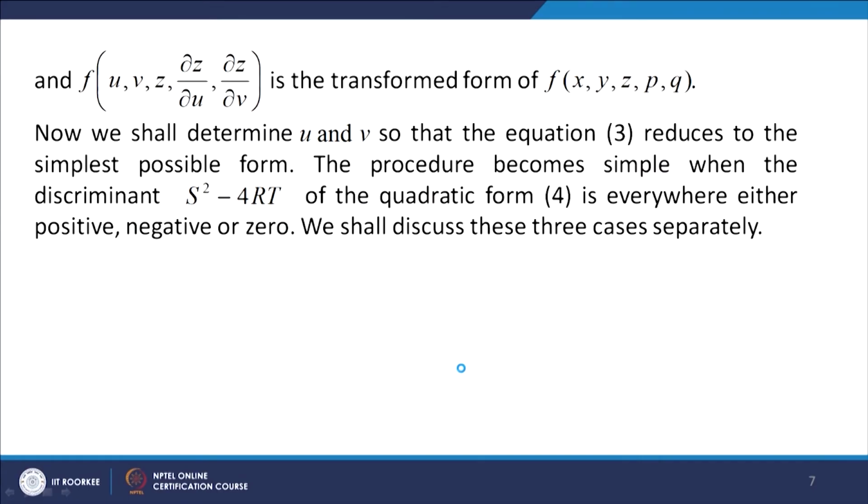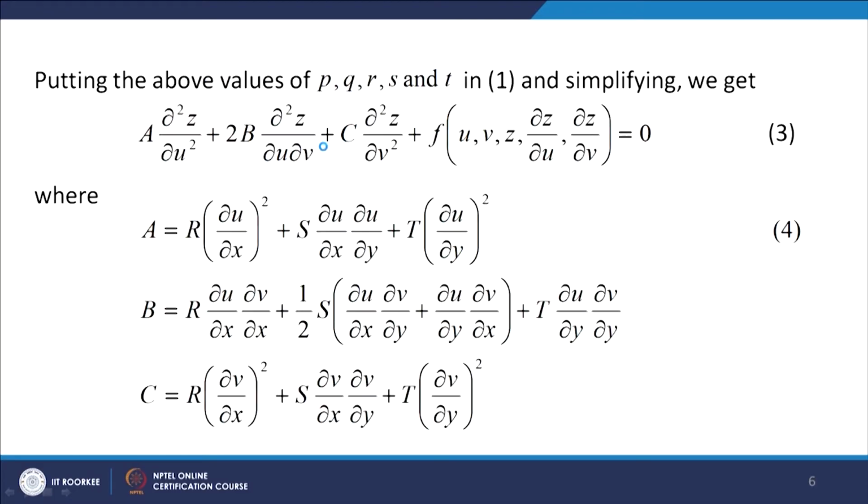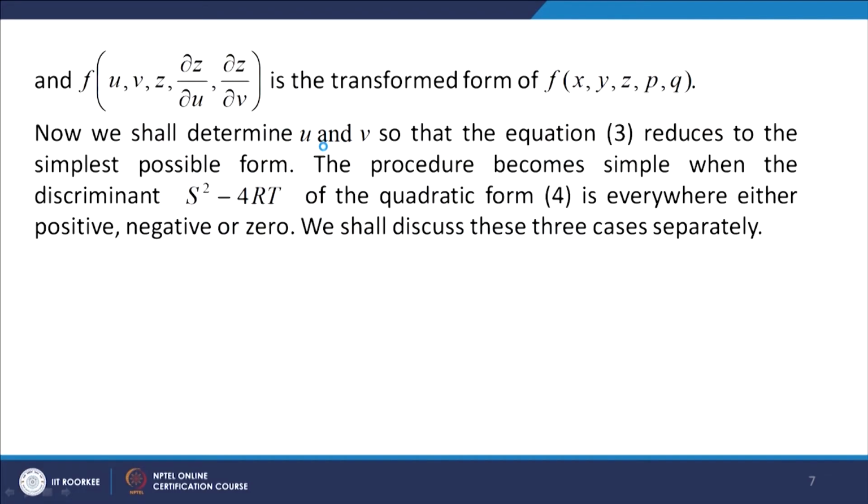Now we shall determine the functions u and v. We have changed from the independent variables x and y to the new variables u and v. We will determine u and v so that this equation 3 reduces to the simplest possible form. Why do we do this?